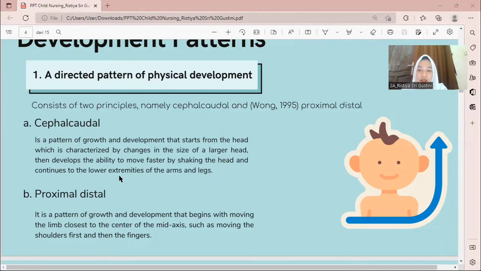For example, from the neck to the shoulder to the mid-torso and so on. The same pattern occurs in the head area. The upper part of the head, the eyes and brain, grow faster than the lower part.